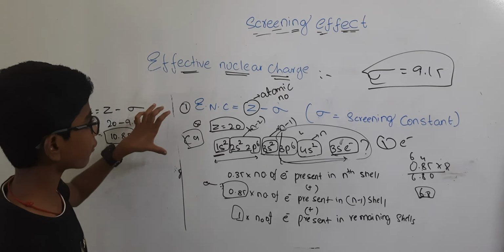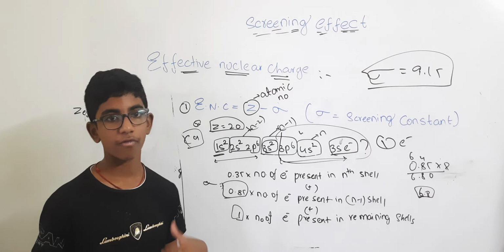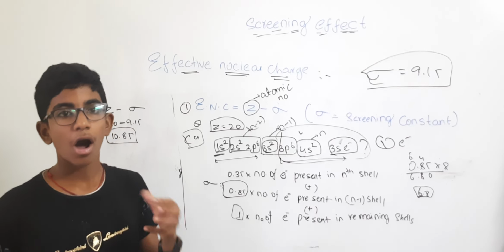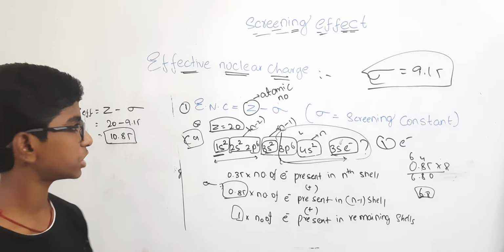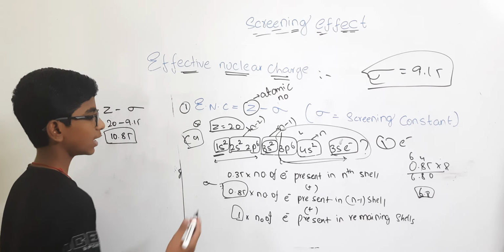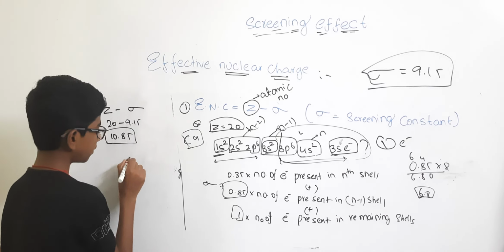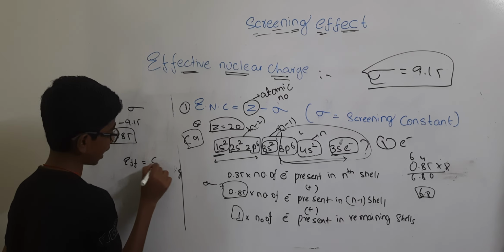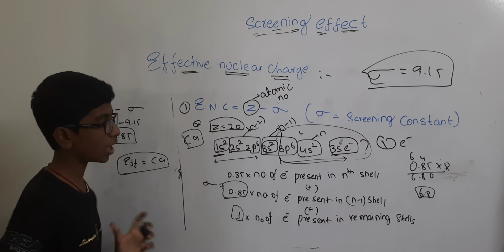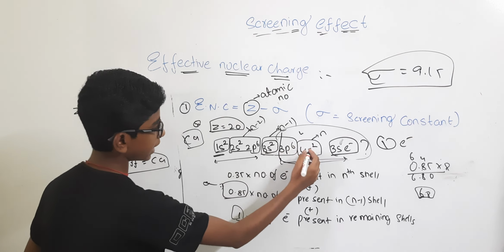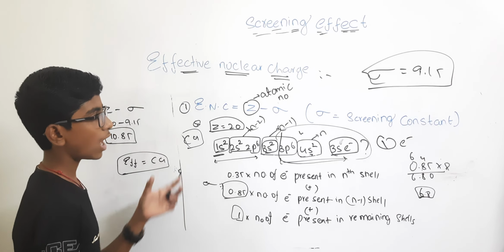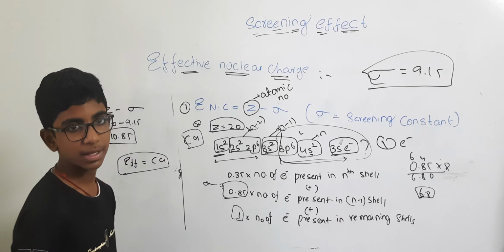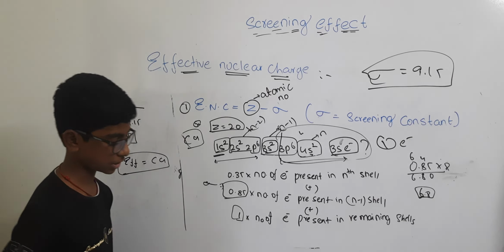In this way, we find the effective nuclear charge of an electron in an atom. If a question is asked like this for calcium, we have to find the screening constant for the 4s1 electron and subtract it, Z minus sigma. In this way, we find the effective nuclear charge.